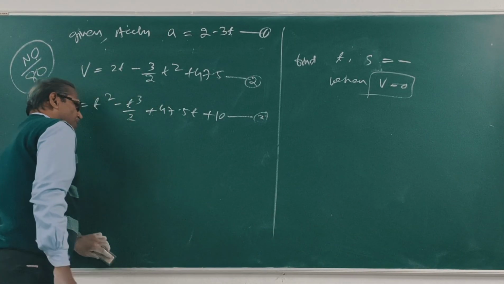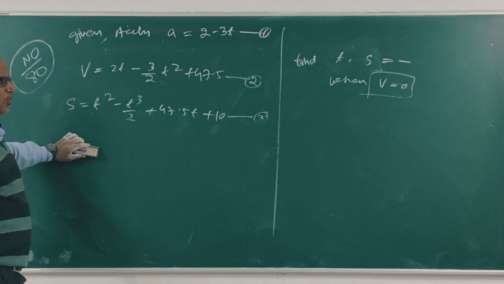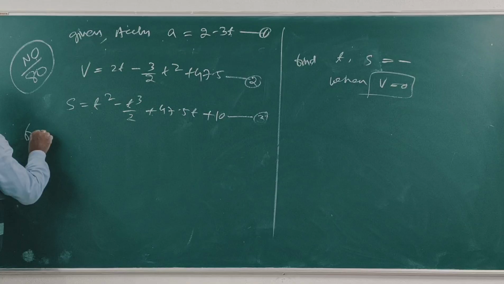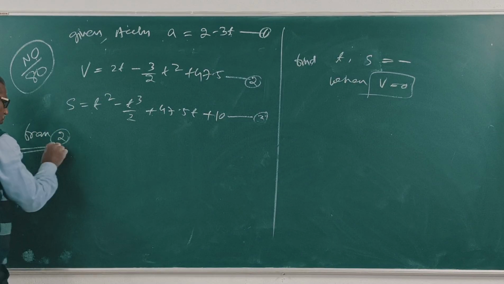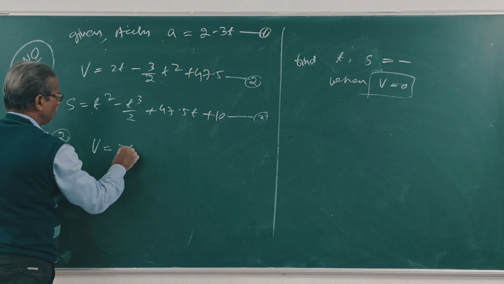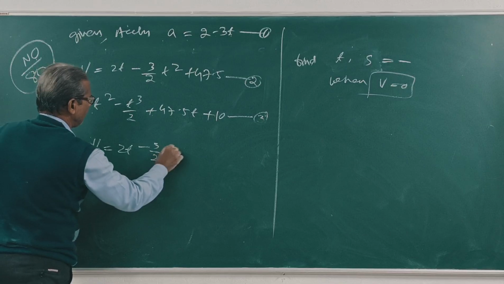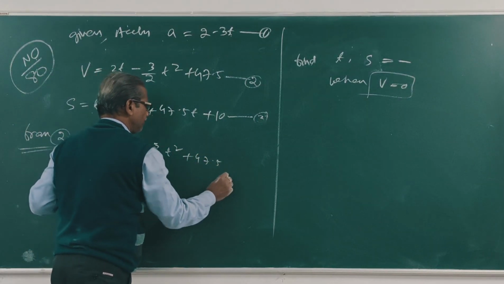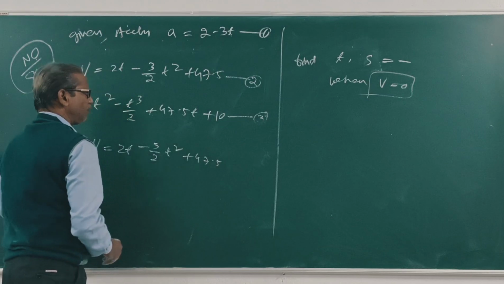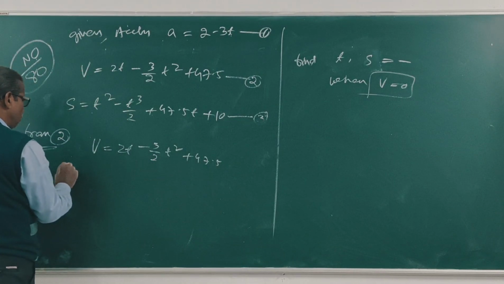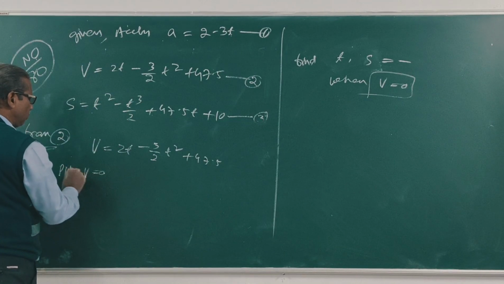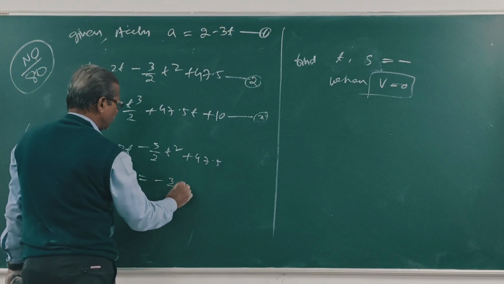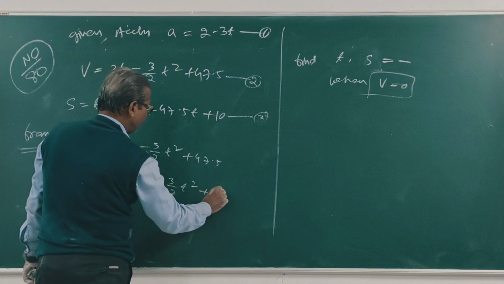From equation 2, not 3, v is equal to 2t minus 3 by 2 t square plus 47.5. At v equal to 0, put v equal to 0. So 0 is equal to minus 3 by 2 t square plus 2t plus 47.5.